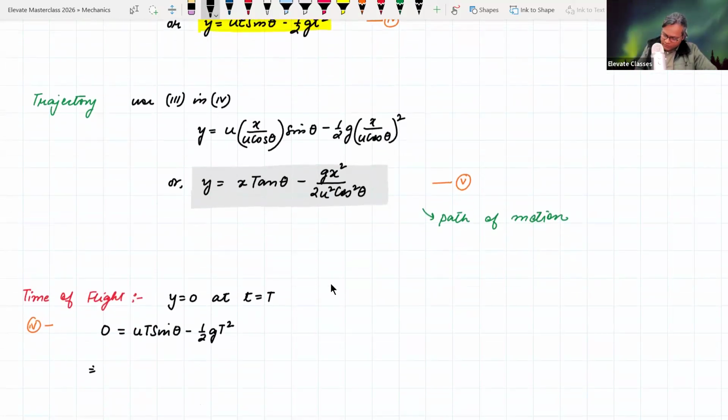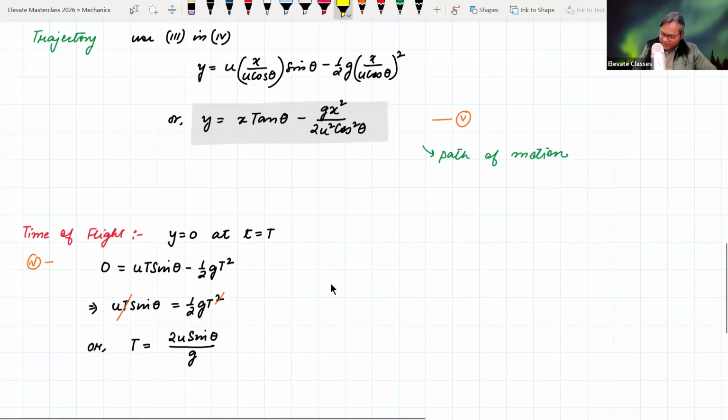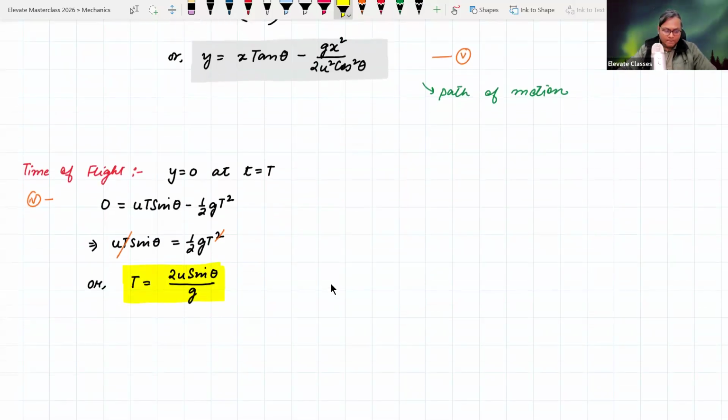So this becomes u capital T sin theta is equal to half g capital T square. So one solution is t is equal to 0. That solution is cancelled, I remove it. The remaining solution is for the complete time of the flight, which is capital T is equal to 2u sin theta upon g. This is the total amount of time period it requires for a projectile to go along a horizontal path. Okay, very important expression.